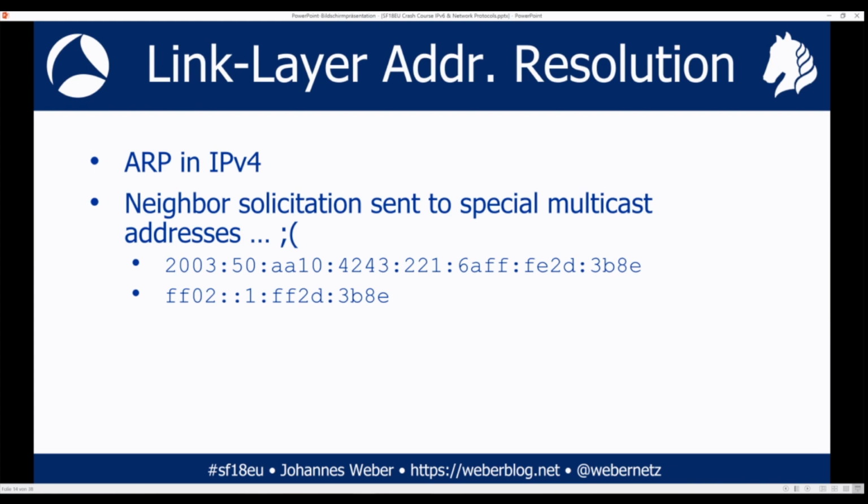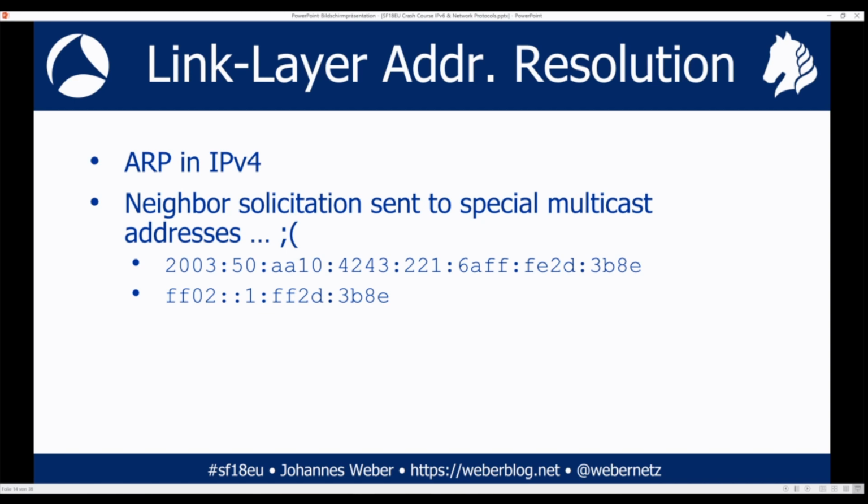And he sends this neighbor solicitation to this multicast group, which starts with FF02 and ends with the last 6 hexadecimal digits of the actual IPv6 address.